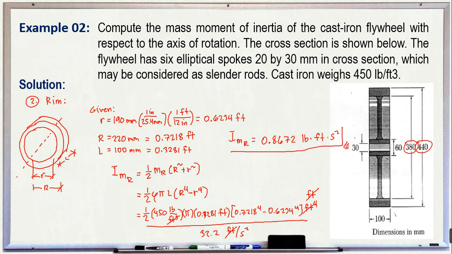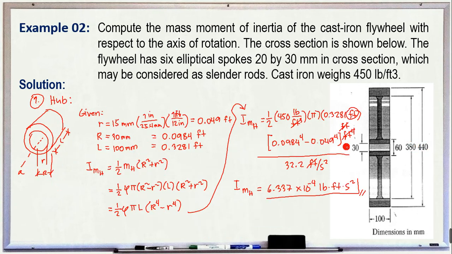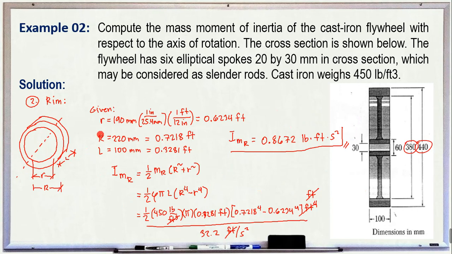So that is the mass moment of inertia for the rim. If we compare it with the value for the hub, as you notice, the hub is much closer to the axis of inertia than the rim. So there is a significant difference between the mass moment of inertia of the rim and the hub. Although they have the same configuration, both being hollow cylinders, the rim has the larger mass moment of inertia because it is a function of distance. The farther away you go, the larger the mass moment of inertia.